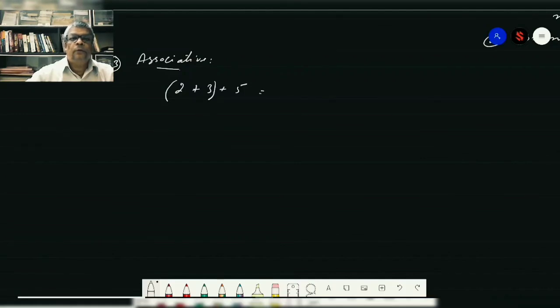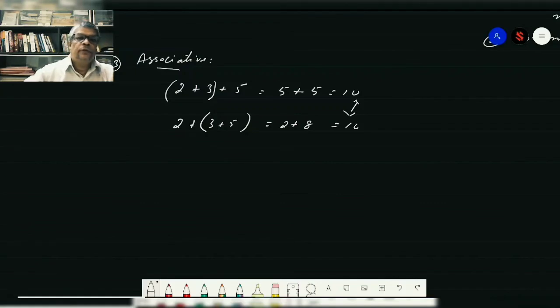Here you have 2 plus 3 is equal to 5 and 5 plus 5 is equal to 10. Now you can associate either like this or like this also. First you add 3 plus 5 and that result is added with 2. So you have 2 plus 8, that is equal to 10. You are getting the same answer. So since you are getting the same answer, we say that natural numbers are associative with respect to addition.